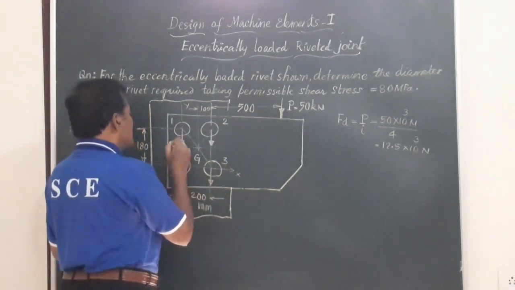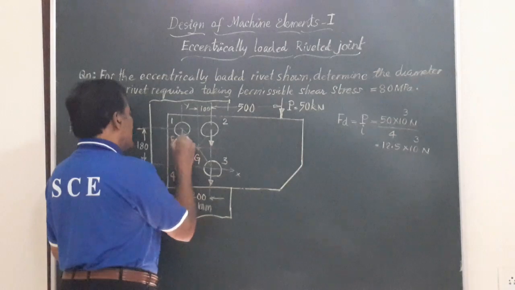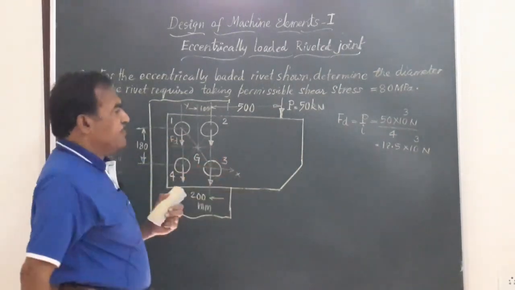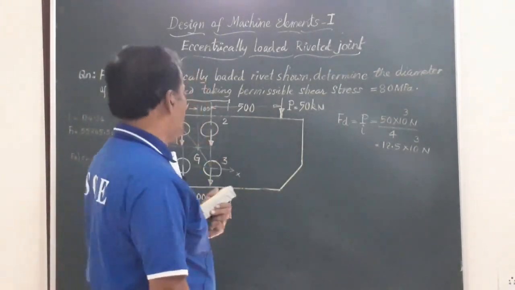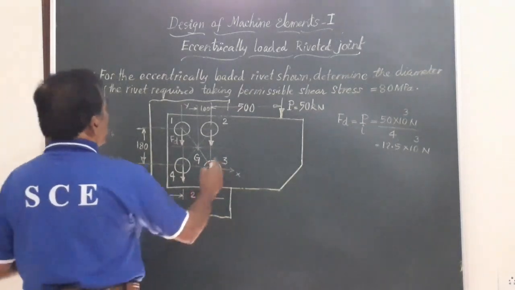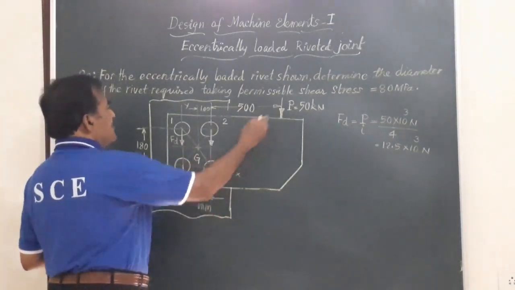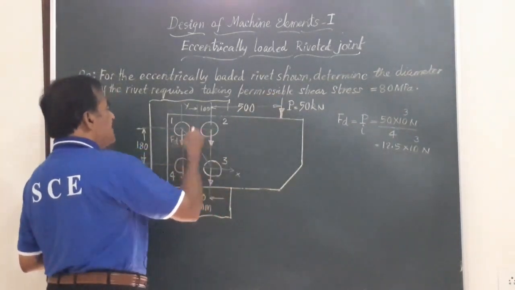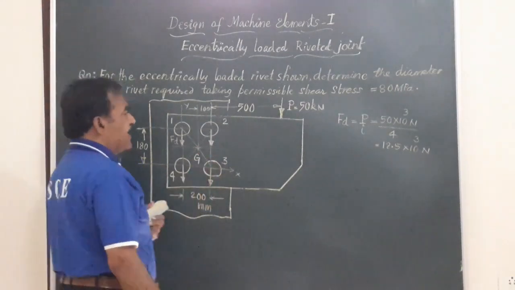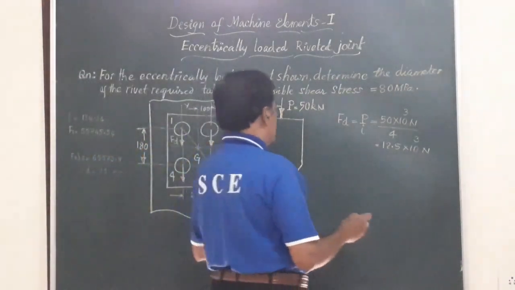And these are all the values of FD, which have a magnitude equal to 12.5 into 10 to the power of 3 Newton, and they act parallel to P. Since the load is acting downward, FD at each of these rivets acts in the downward direction.